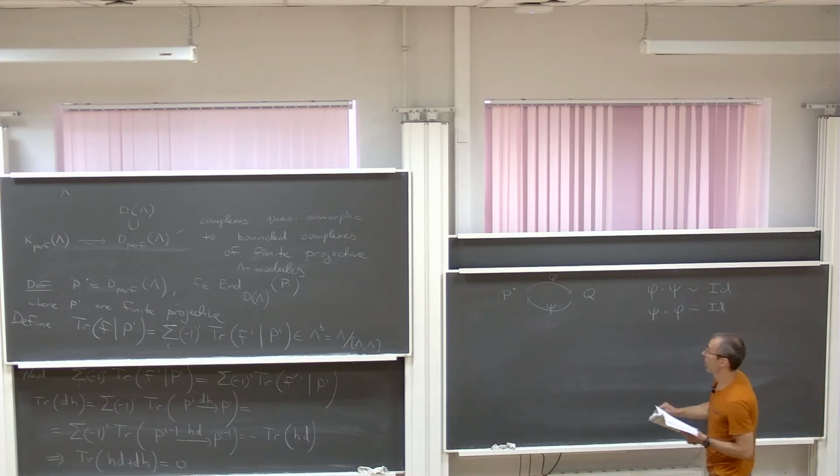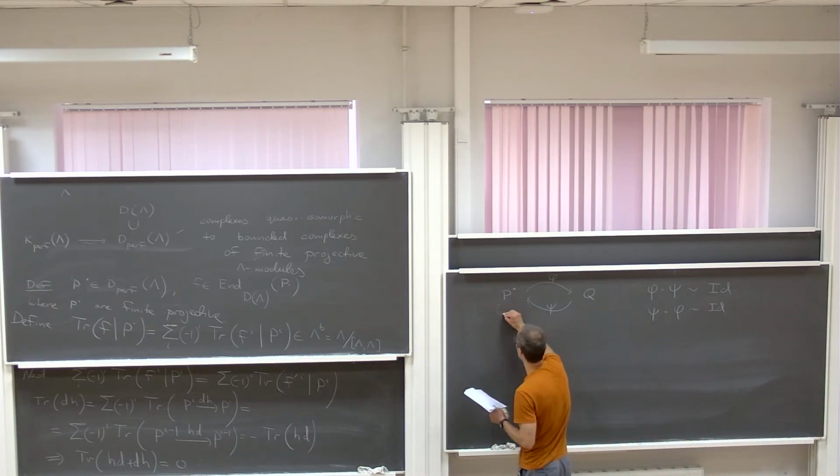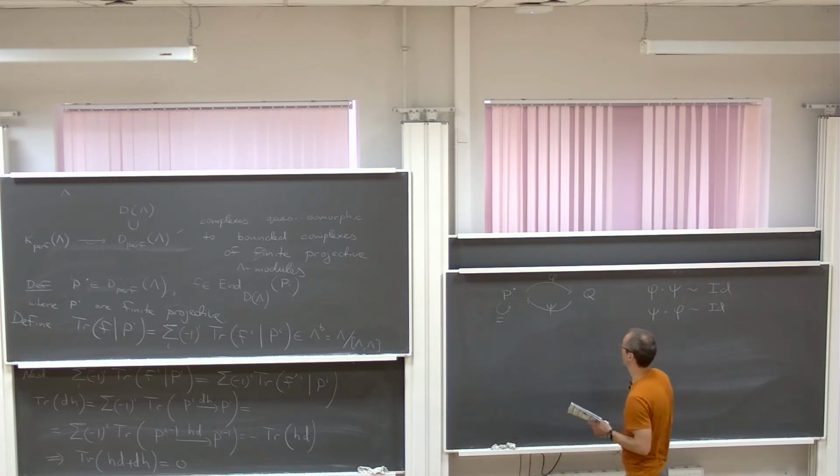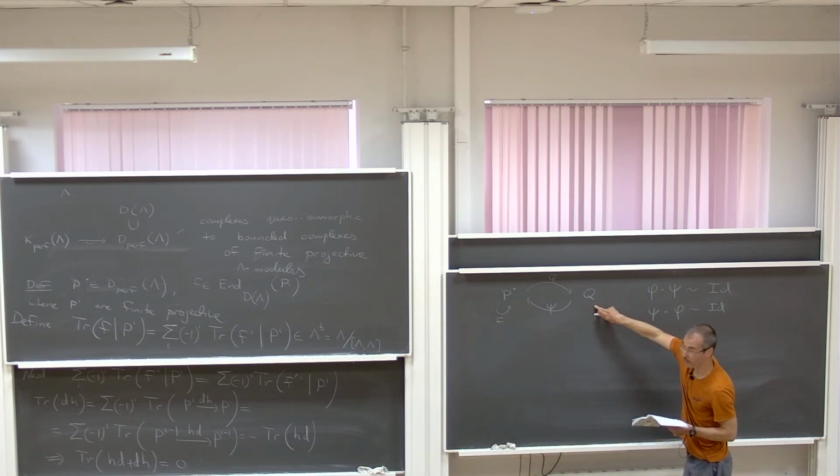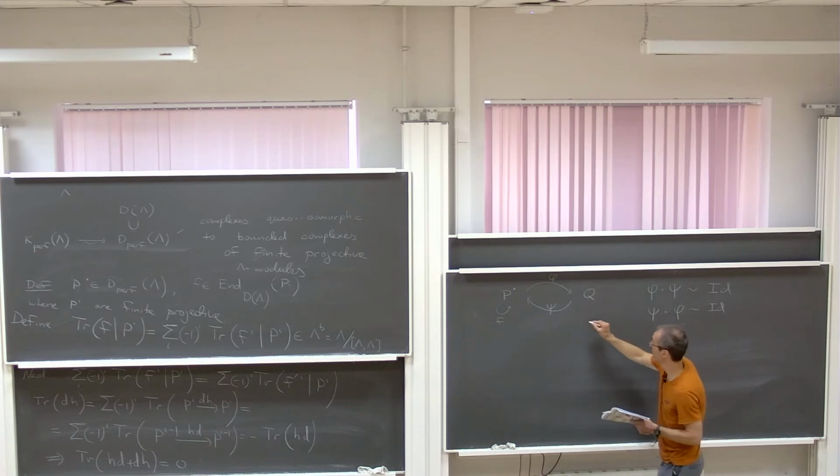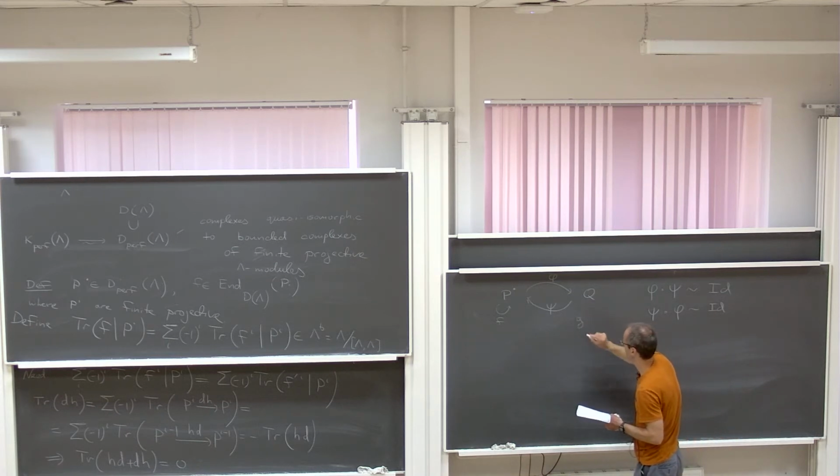So here I have an endomorphism F, and it gives me an endomorphism of this guy, G, which is, well, what is it? It's phi composed with F, composed with... no, the other way around.